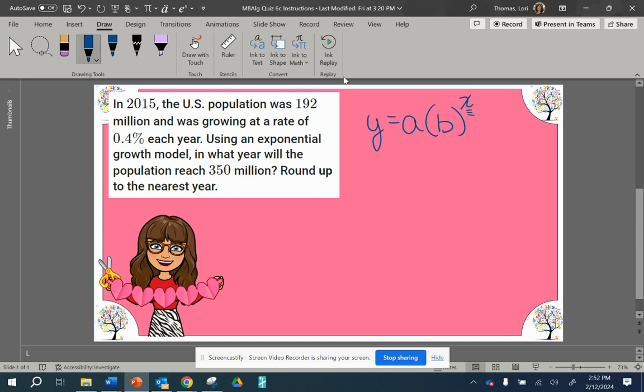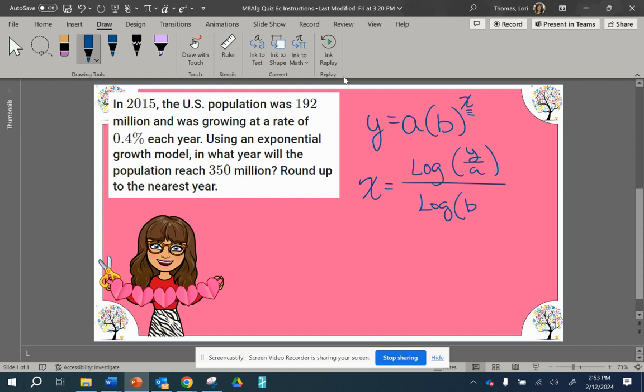To find x, the formula is x equals log of the total divided by the initial, all divided by the log of our base, which is the growth factor.